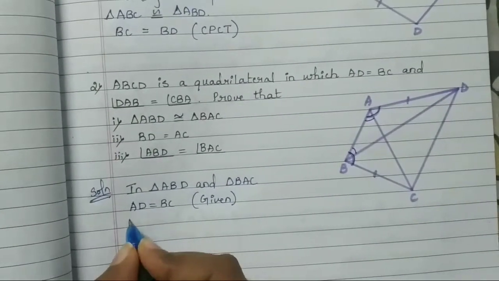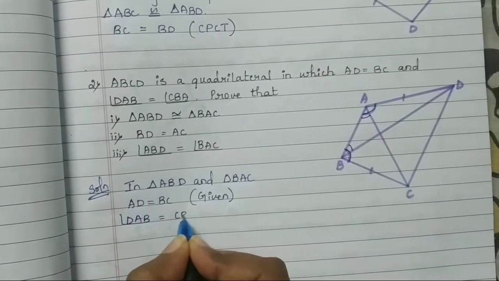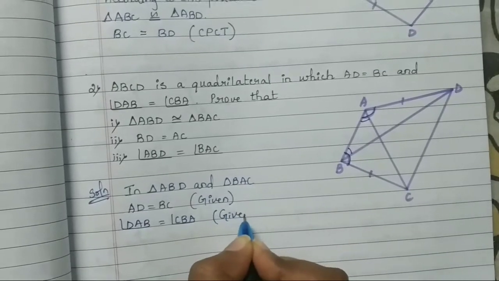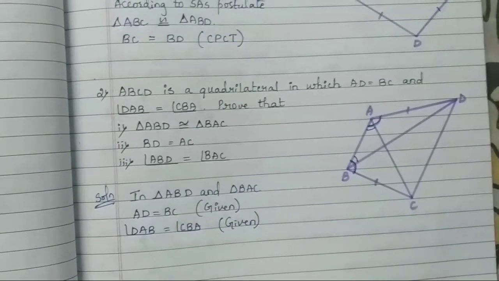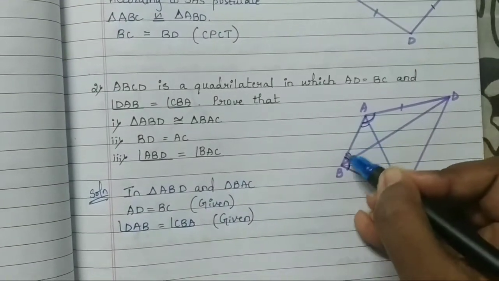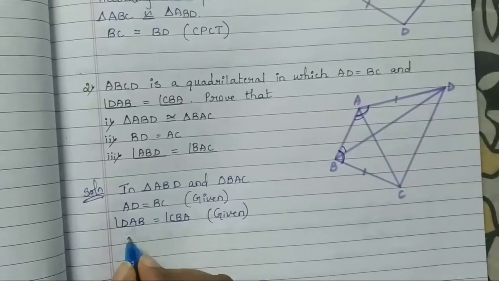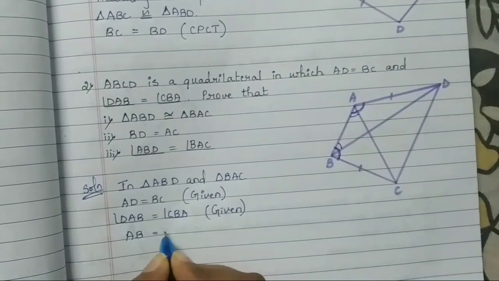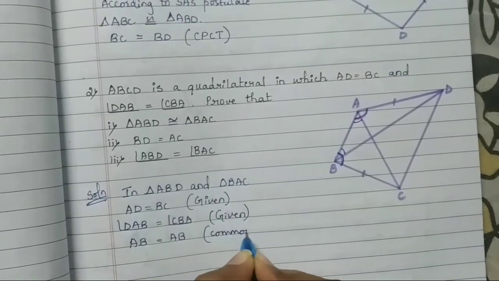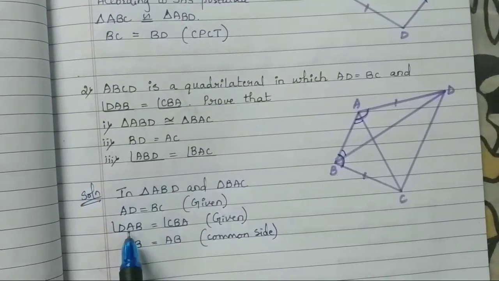Then angle DAB is equal to angle CBA, which is also given. In both these triangles, one side, AB, is common. So we can write AB is equal to AB, common side.